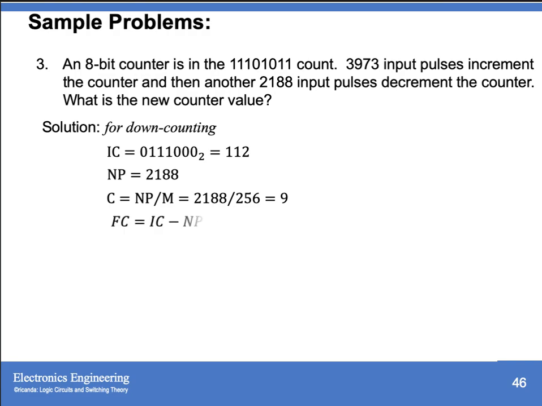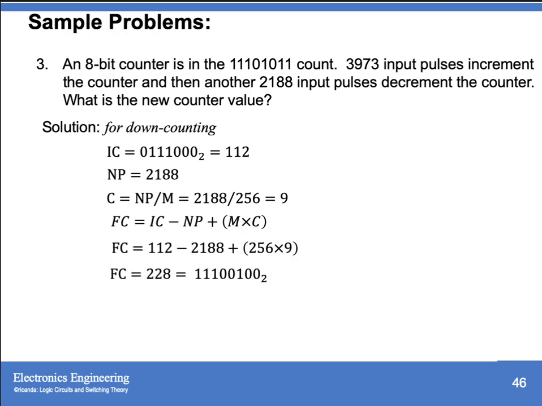So we have 9. So we have this one, FC equals to IC minus your number of pulses, because that will decrement the counter, then plus the number of states times the cycle. So we have 228, or it is equivalent to 11100100 base 2.